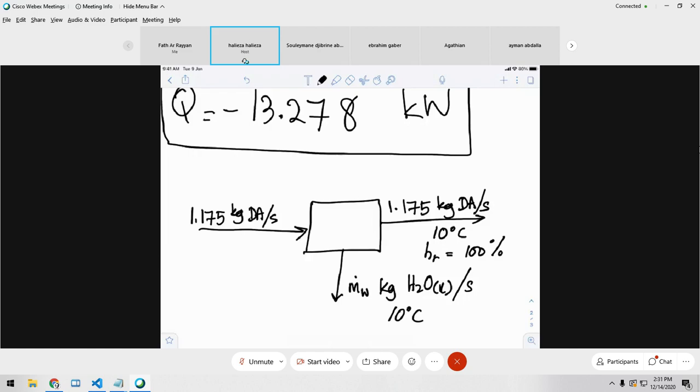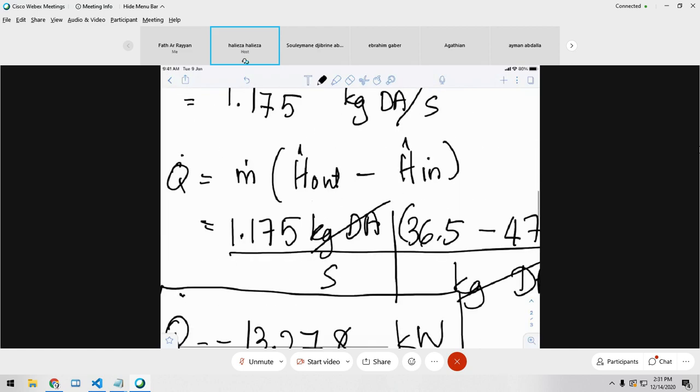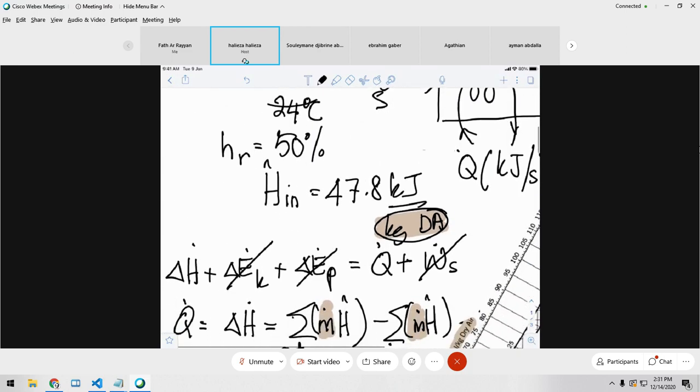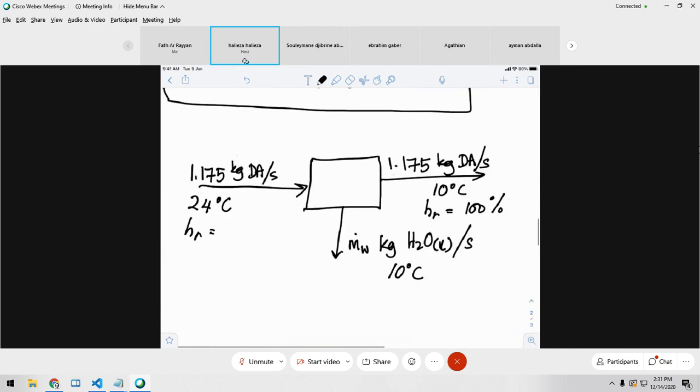Your initial value is 24 degrees C, and your relative humidity, if I'm not mistaken, is 50. Let me look at my diagram, 50, yeah. And your initial enthalpy is 47.8. Your specific enthalpy in is 47.8 kilojoules per kilogram of dry air.